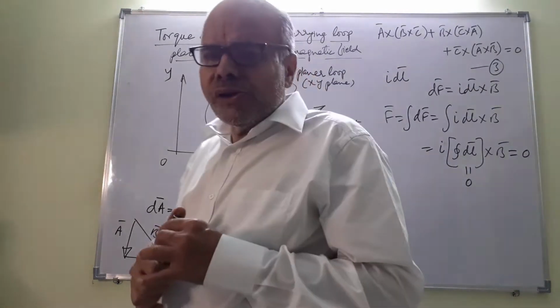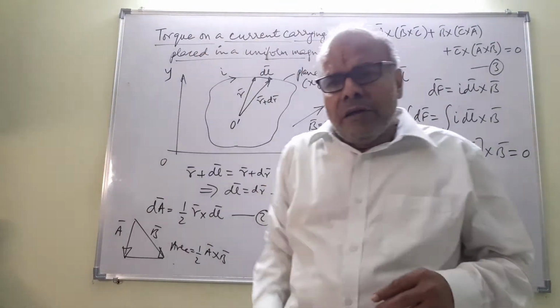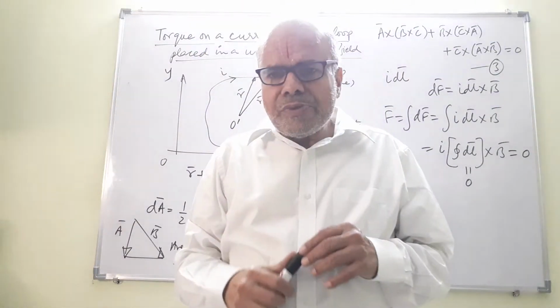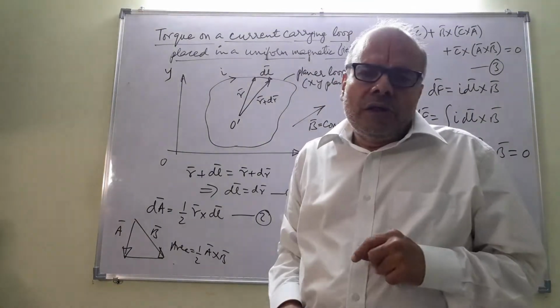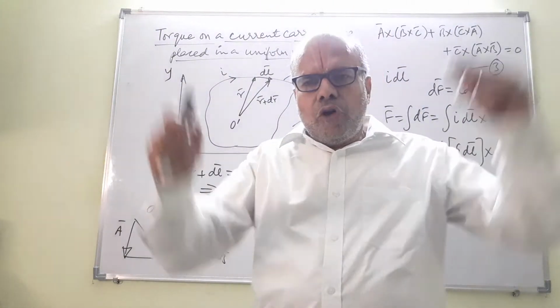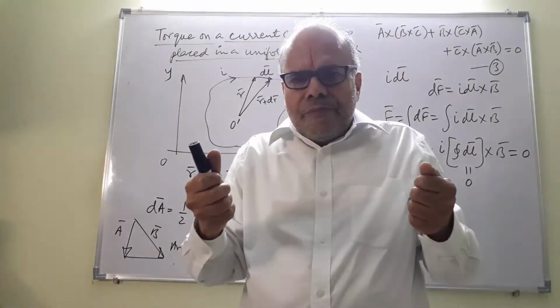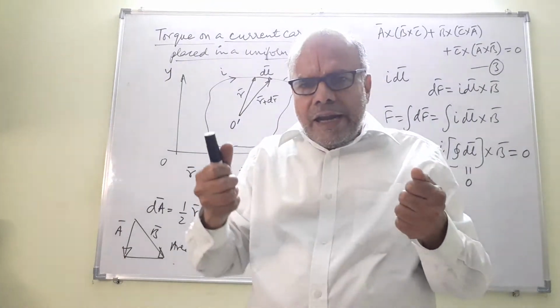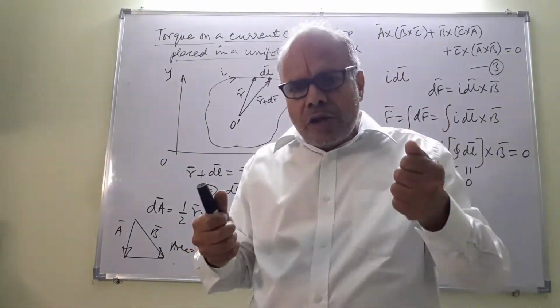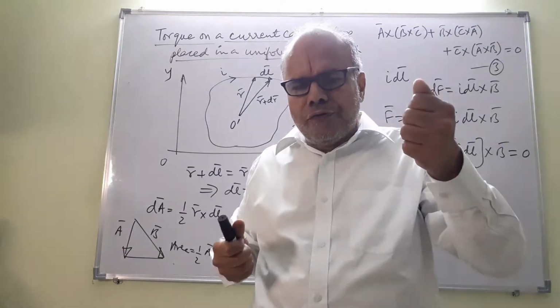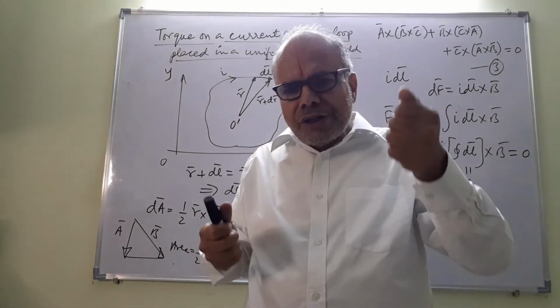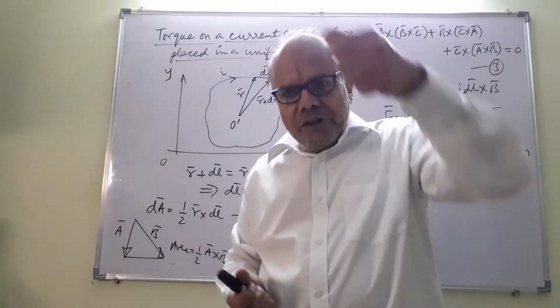Now if the net force is 0, is it necessary that the torque must be 0? Not at all. For instance, if you are holding the steering wheel of a car and applying one upward force and one downward force, the net force on the steering wheel is 0, but there is a torque.